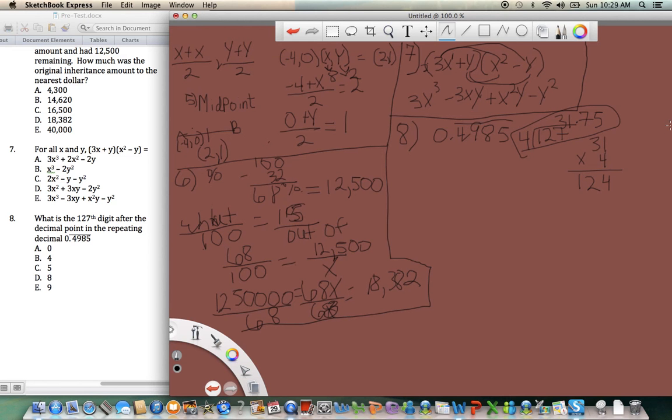Okay, so that means my 124th digit is going to be a 5. So if I say 124, 125, 126, 127. There we go. So number 8 is the 127th digit. Okay? So you get as close as you can by dividing by how many numbers are repeating, and then mark off that it stops at 124, and then you can always hand count to get up to the next piece.